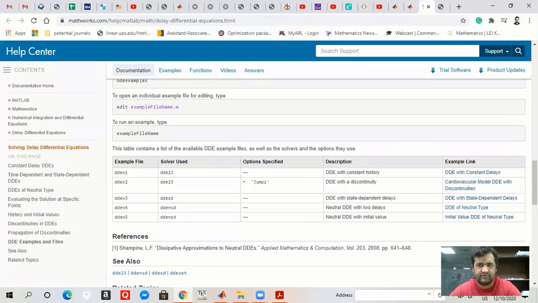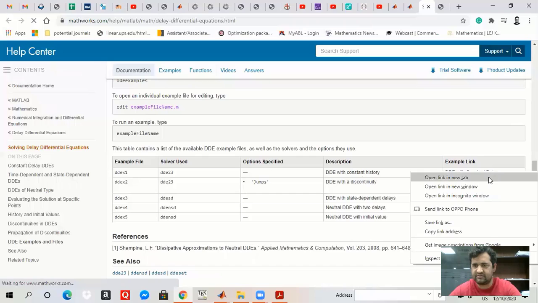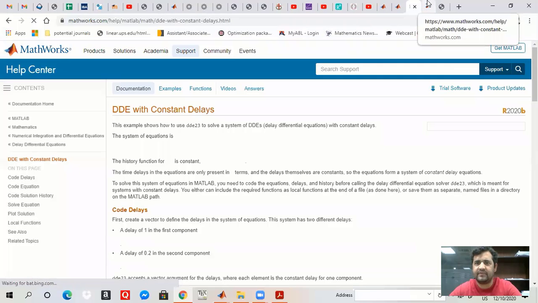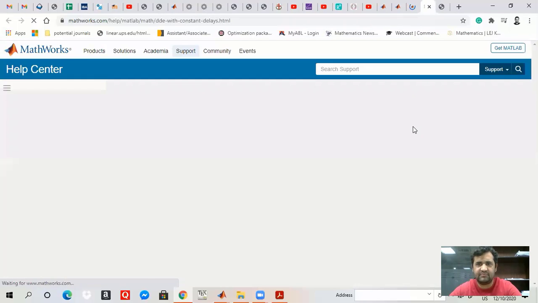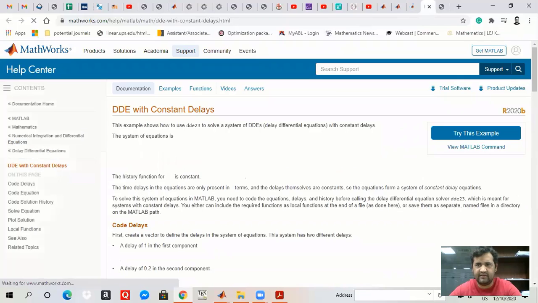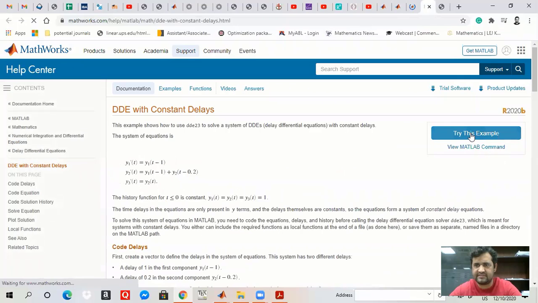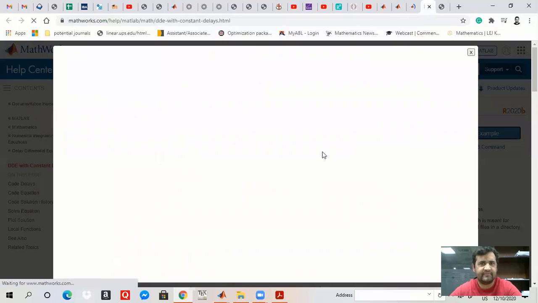So now the point is, if I use this delay differential equation with constant delays, I will use, of course, this ODE solver, and my delay differential equation is with this constant history. The history function could even be constant. So now if you just play with this, maybe I can try this example on the live editor.